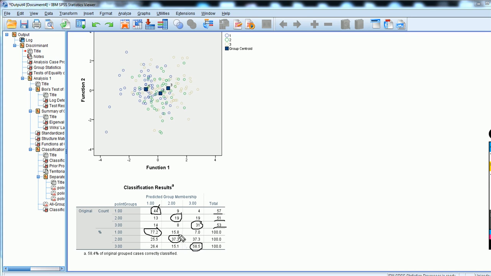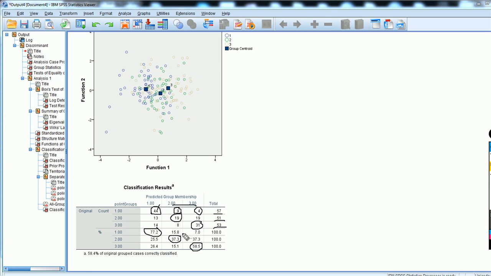Now, with respect to these other values, you can see that we had 9 people who were misclassified as predicted to fall into group 2, who actually were observed to fall into group 1, and we had 4 people that were misclassified as well. So 4 out of 57 were misclassified. So the rates associated with these 2 errors are 15.8% and 7%.